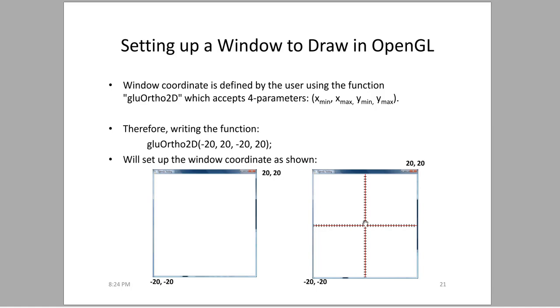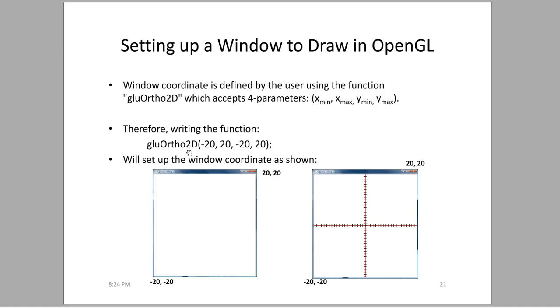So there are 20 points, 0 is at center, and minus 20 because this is y minus 20 and this is x minus 20. This point will be minus 20, minus 20 and that point will be 20, 20. This is how we define a window. Now those lines are just to show you how it will look, but actually the window will be something like this: just a white window.